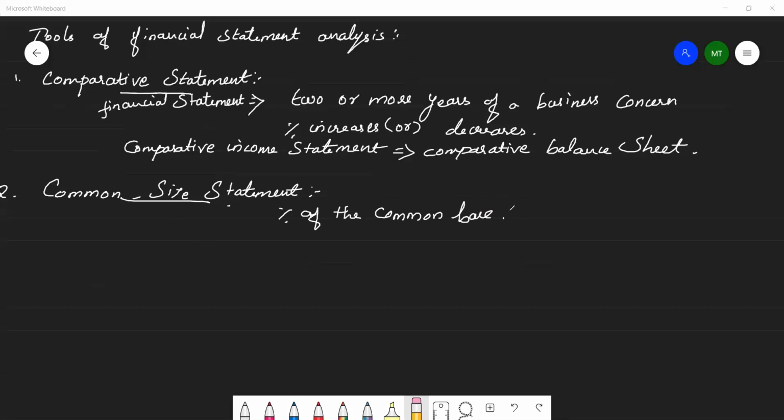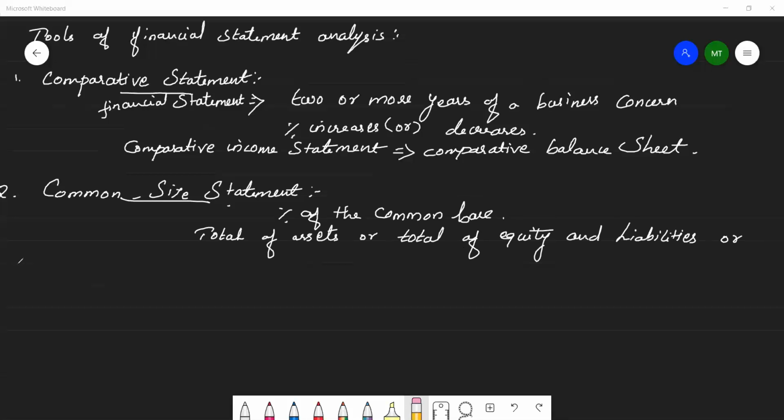Okay, so the common base are total assets, total of assets or total of equity and liabilities or revenues, revenue from operation.